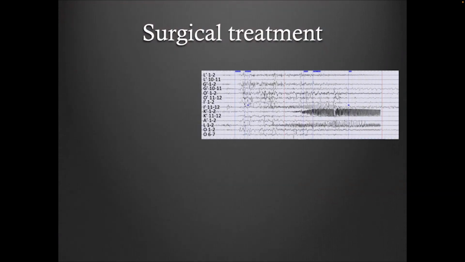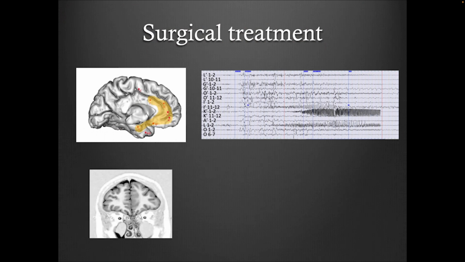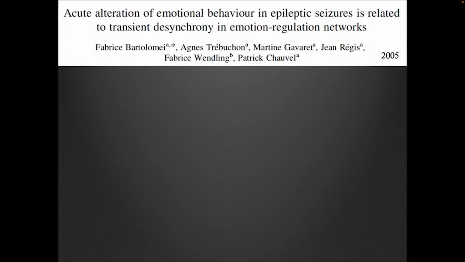because someone in a situation of terror can express exactly the same face and body expression. By the way, we could operate on this patient. She had a cortical dysplasia, and now she's totally seizure-free more than 20 years later. We did many studies of this type of behavior when I was in Marseille with Fabrice and Agnès Trébuchon.